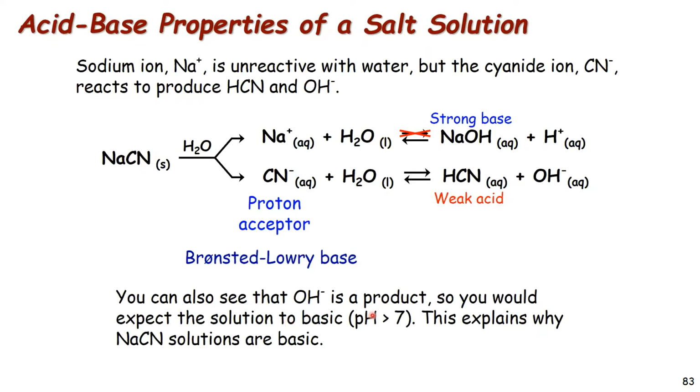So we can see then that the hydroxide ion is the product. In other words, we're increasing the hydroxide ion concentration, which means it's going to have a pH that's greater than 7, and thus explains why a solution of sodium cyanide would be basic.